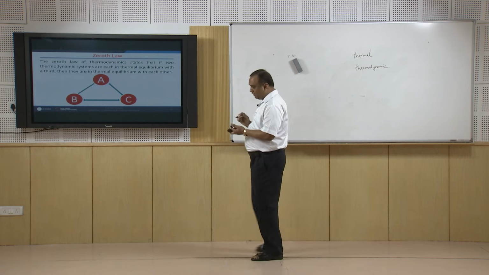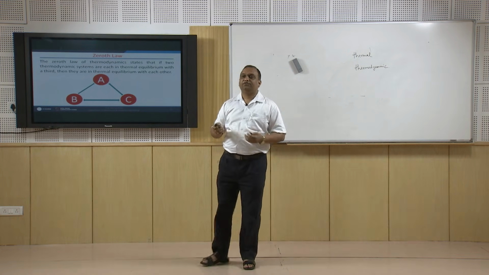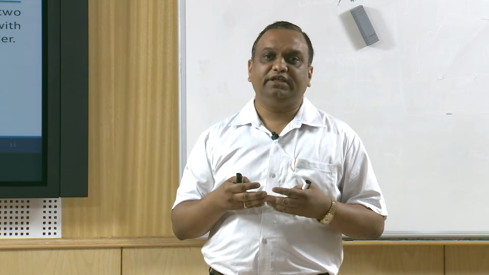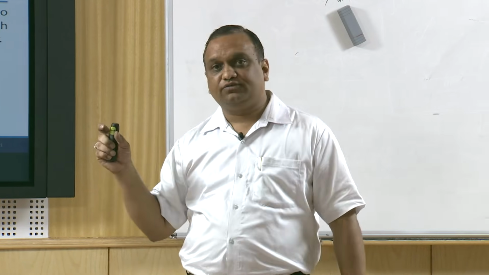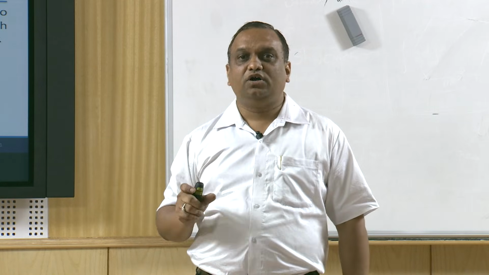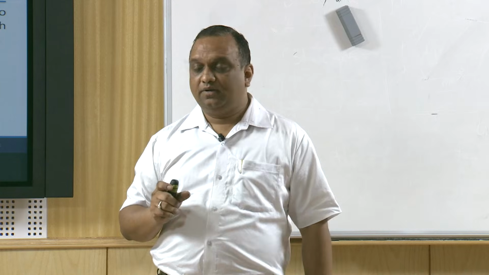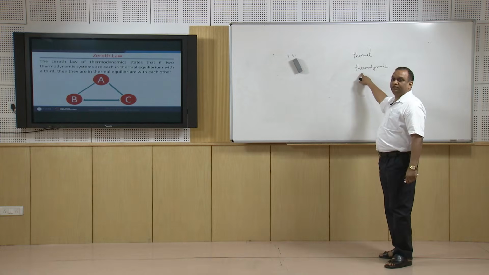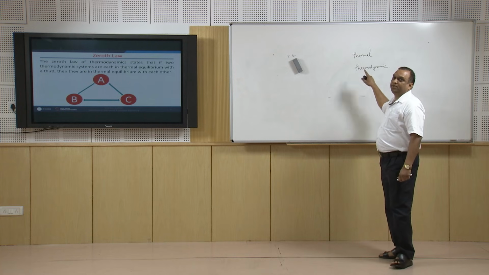Thermal equilibrium means there is no transfer of heat between two bodies. If two bodies are in contact with each other and there is no heat transfer or energy interaction between them, they are said to be in thermal equilibrium. But thermodynamic equilibrium includes mechanical equilibrium and chemical equilibrium.